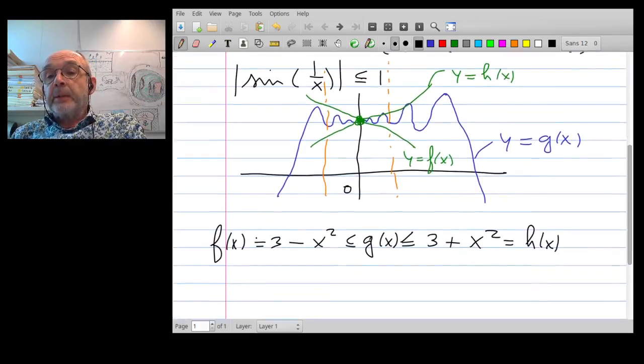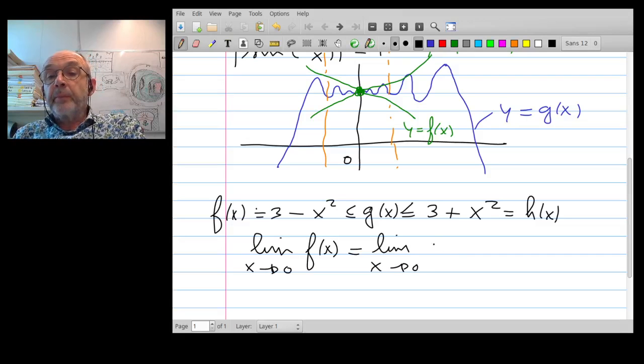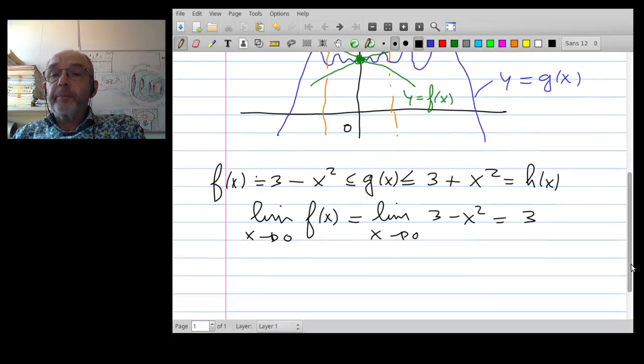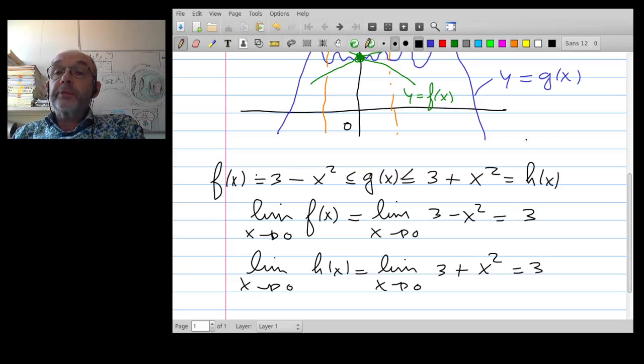Now we can calculate the limit for x going to 0 of the lower bound, that is the limit from x going to 0 of 3 minus x squared, and I see that I get 3 out of it. For the upper limit, the limit from x going to 0 of 3 plus x squared, I get also 3.